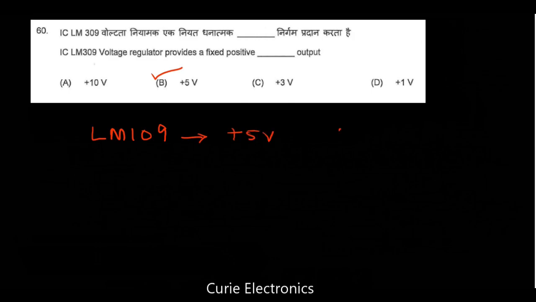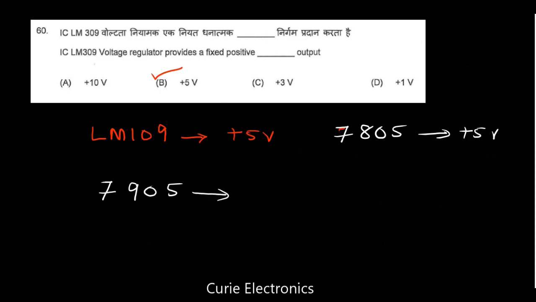And another IC also there, 7805. This also provides plus 5 volt. There is one more 3-pin linear regulator, 7905. Do you know what it provides? It provides minus 5 volt. It is a minus 5 volt regulator.